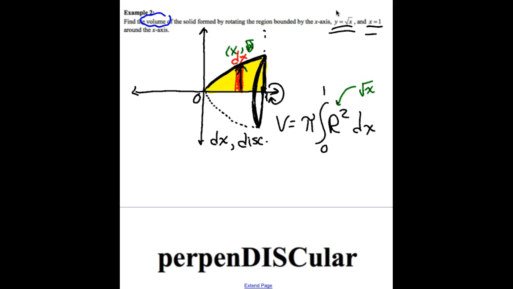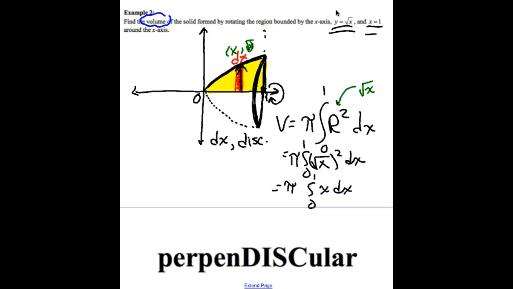So let's go do that. It's going to become pi times the integral from 0 to 1, square root of x quantity squared dx. And now we just integrate. What's the square root of x squared? x. So I'm going to be integrating from 0 to 1, just x dx. And now I just do antiderivatives.